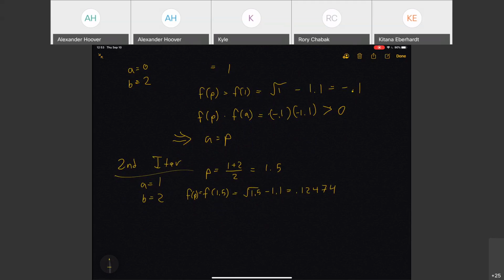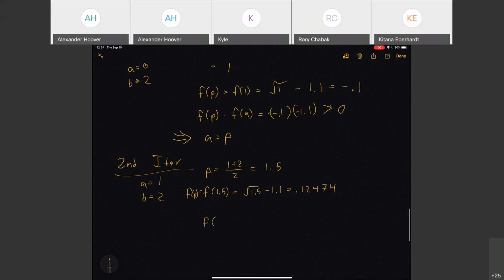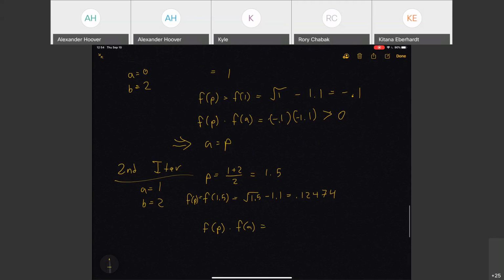So if we're doing F of P times F of A, right, then that's 0.12474 times negative 0.1, which is less than 0.